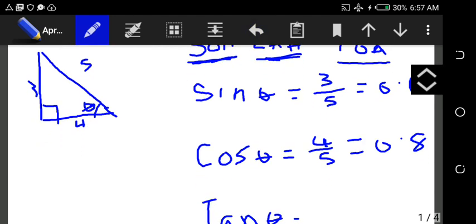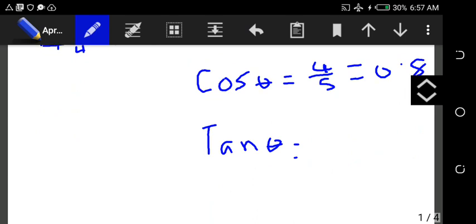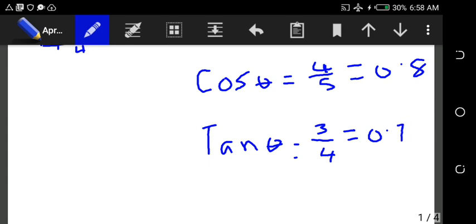Therefore tan theta evaluates to the opposite, 3, over adjacent, 4, and this gives us 0.75 as our value for tan theta.